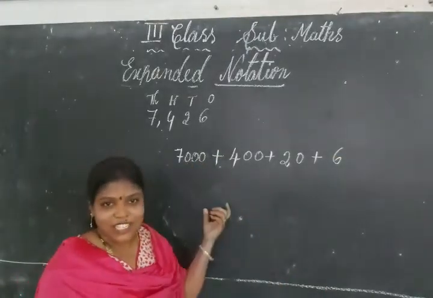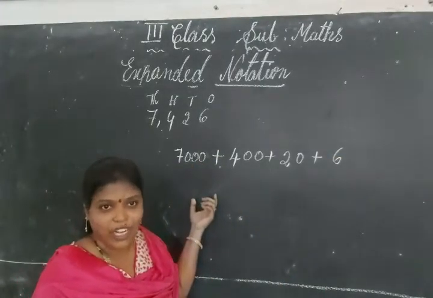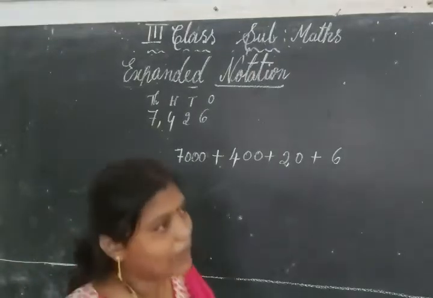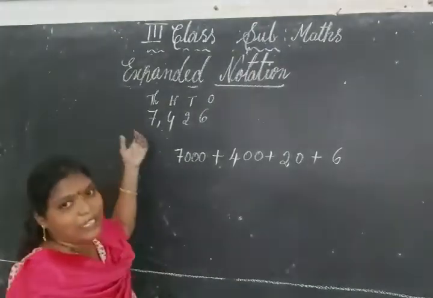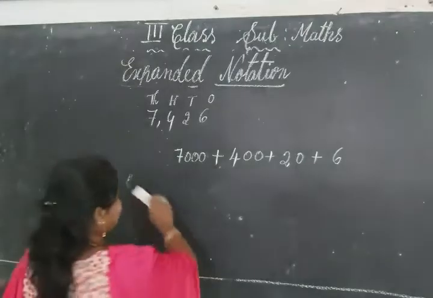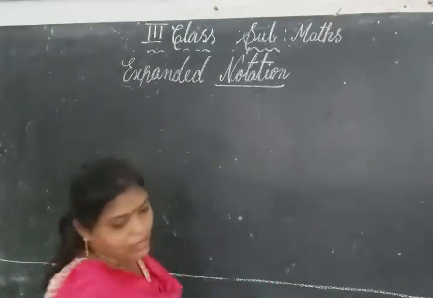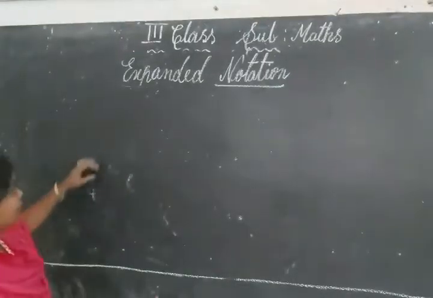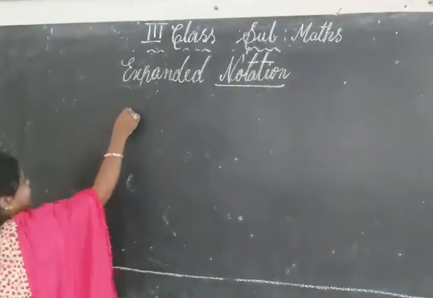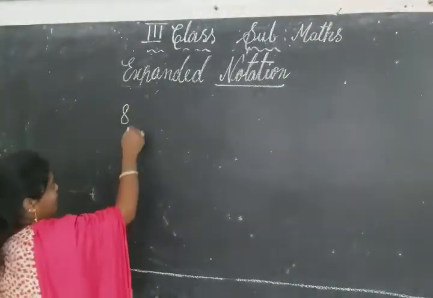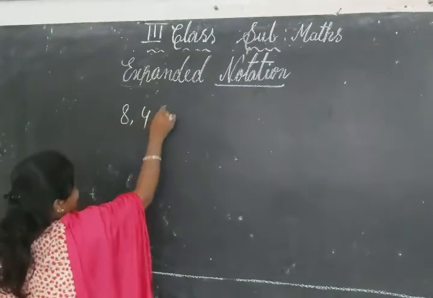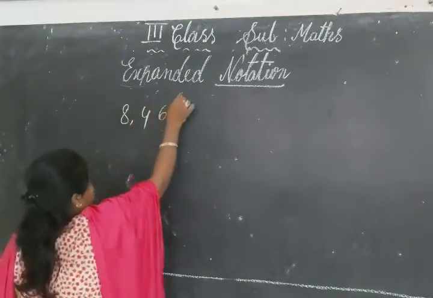So children, did you understand? Do you enjoy this trick? Let's try one more example using this simple trick. Let's take one more number, that is 8,463.